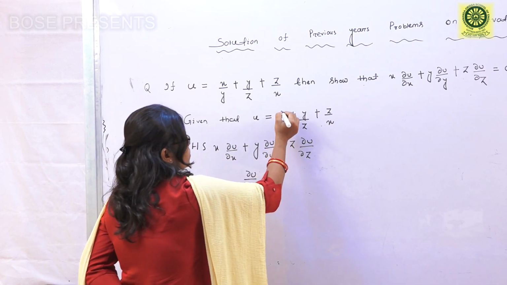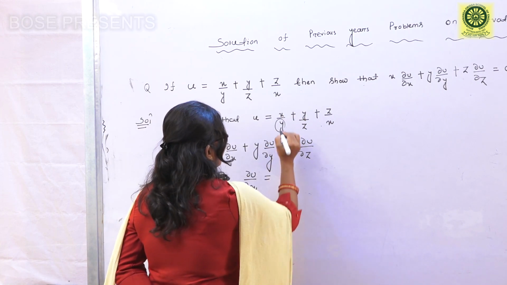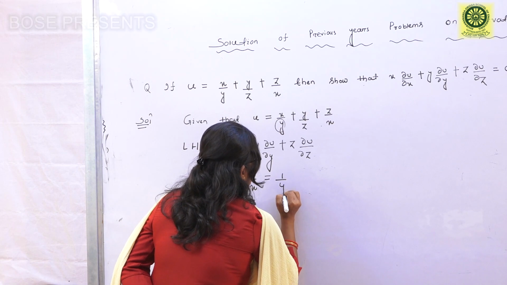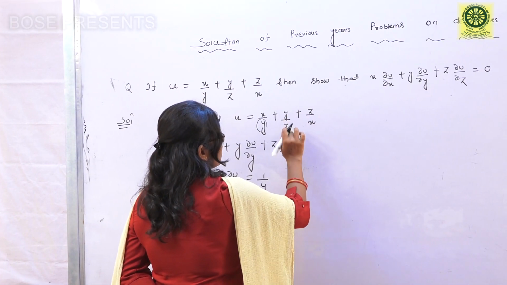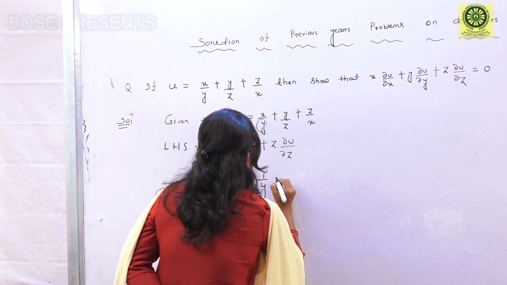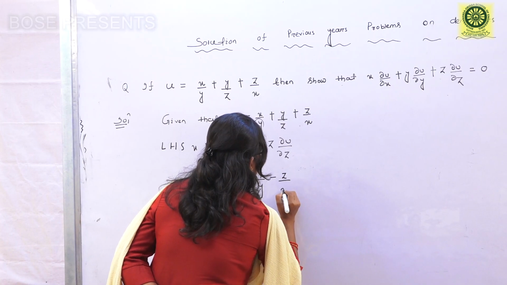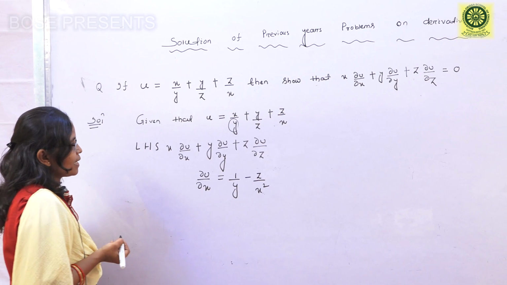Here y is another variable that is constant. So del u by del x equals 1 by y, and here y and z are variables, so that is 0, and here z by x gives minus z by x square. So this is the value of del u by del x.